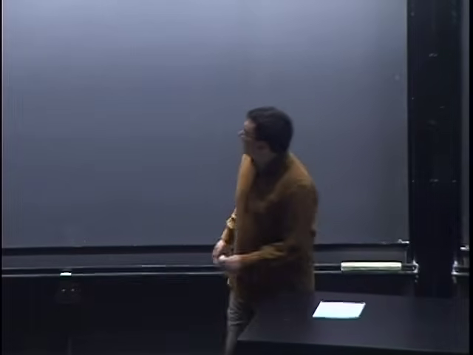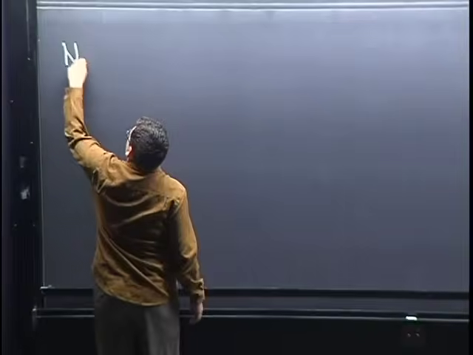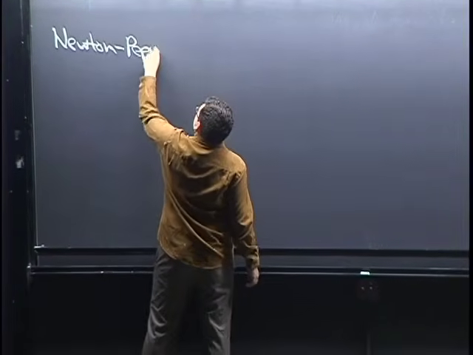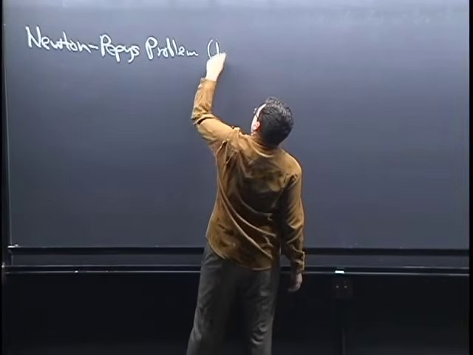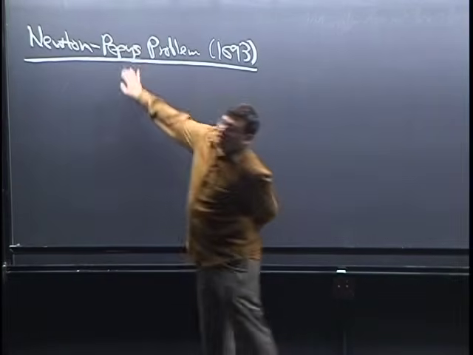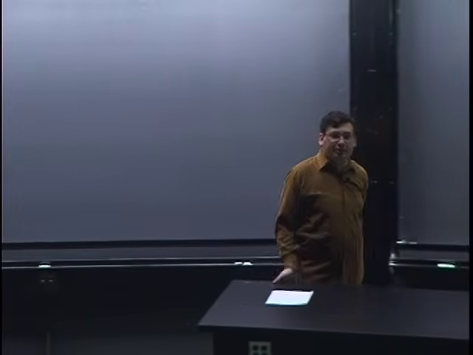Okay, so this is another famous problem. I think it's from 1693, a very old problem. This is called the Newton-Pepys problem. Samuel Pepys was this famous diarist who you might have heard about in a history course.